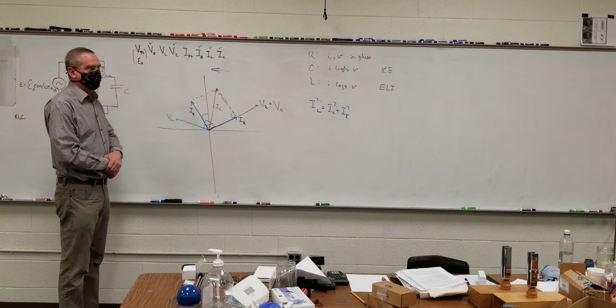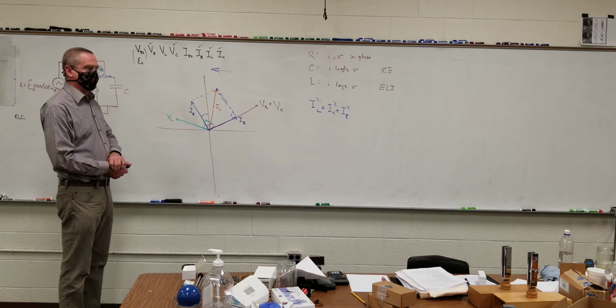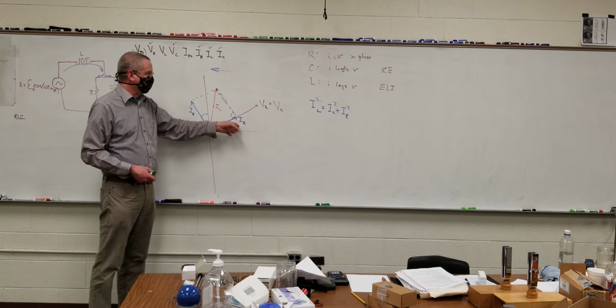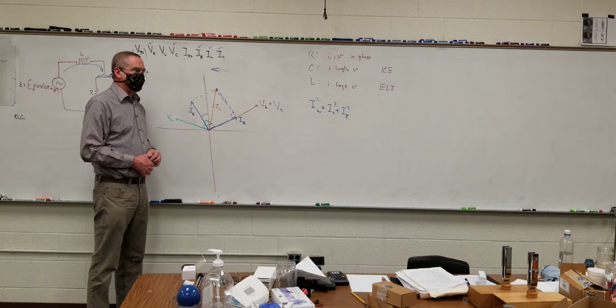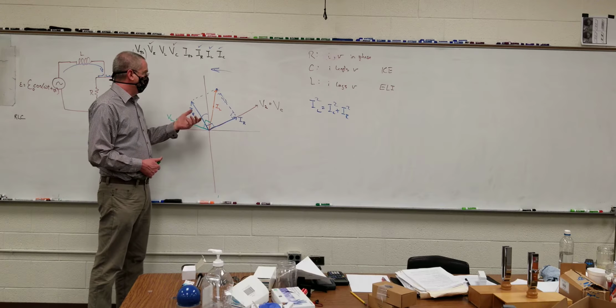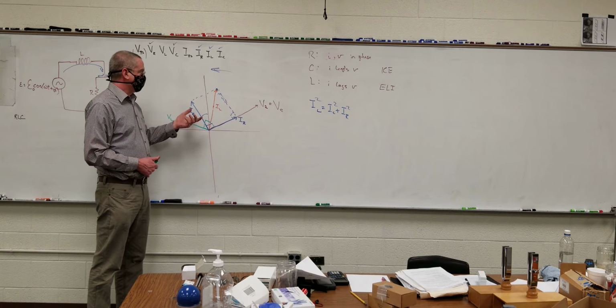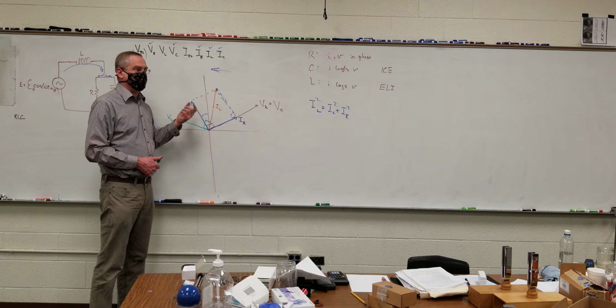Okay, so it really doesn't matter? It does not matter. You're working in two different scales. This is in volts and this is in amperes, so you really can't compare them. These are just representative of what's going on.